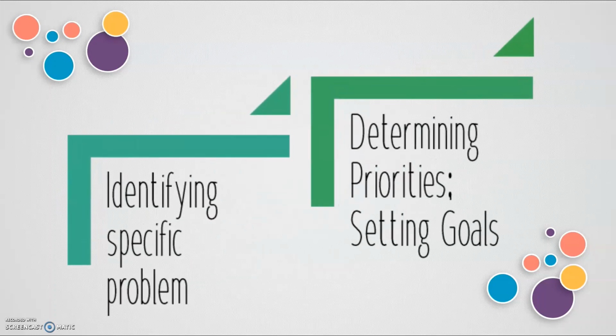The next steps are identifying specific problems, determining priorities, and setting goals. Assessing the community is done in order to identify the needs or the problems of the community. Needs assessment includes gathering information and analyzing data about the issues or problems that have been found out.